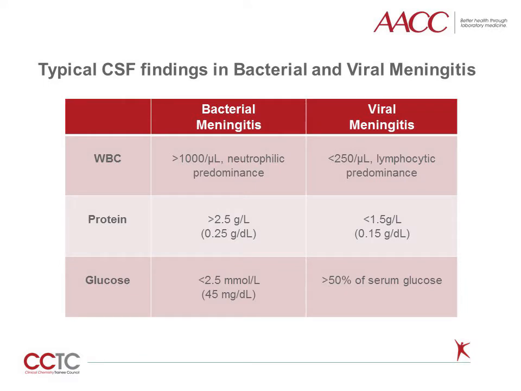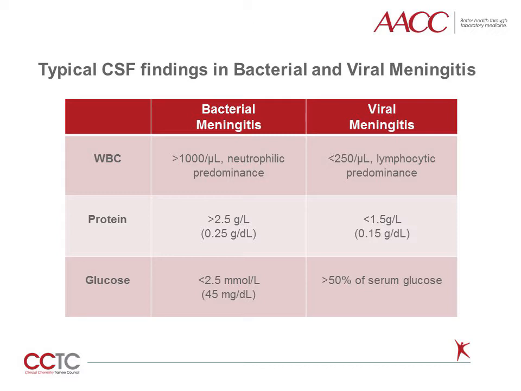Typical laboratory findings in bacterial meningitis include a CSF white blood count usually above 1,000 per microliter, usually with a neutrophilic predominance, a CSF protein concentration above 2.5 grams per liter, and a CSF glucose concentration below 2.5 millimole per liter.